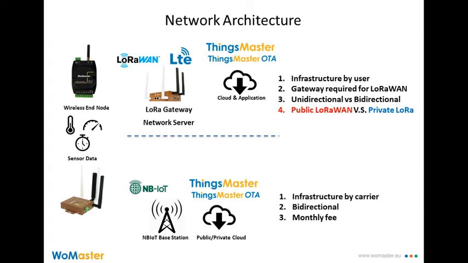If you use LoRaWAN, a gateway will be necessary. For NB-IoT, you need to apply for SIM card service from the operator or carrier. So the network infrastructure is limited by them, and you will need to pay the SIM card fee monthly.